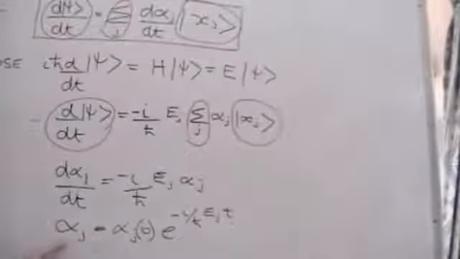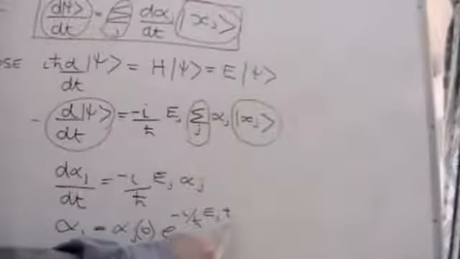And this term, of course, we know is a cosine and sine term. It's a sinusoidal term. So effectively, as time goes by, there is going to be an oscillation that is going to arise because of this term here. You can see that at time t equals 0, alpha j will equal alpha j0 times this term. But when t is 0, this whole term becomes 1, because e to the 0 is 1. So alpha j at time 0 is just alpha j0.